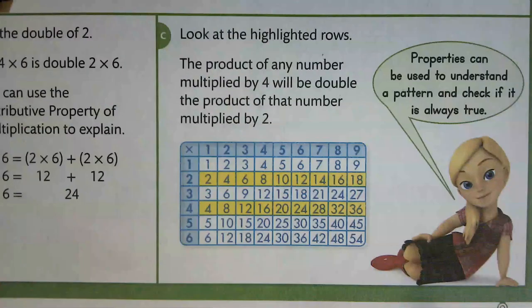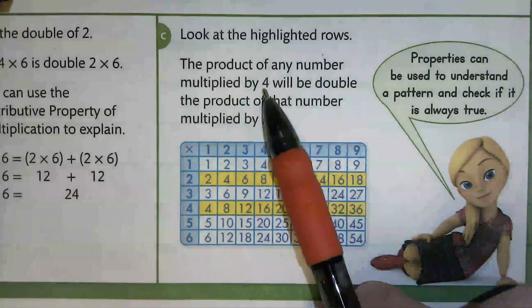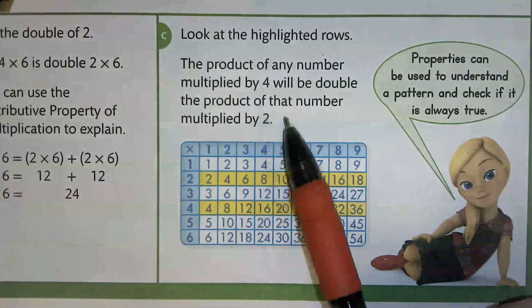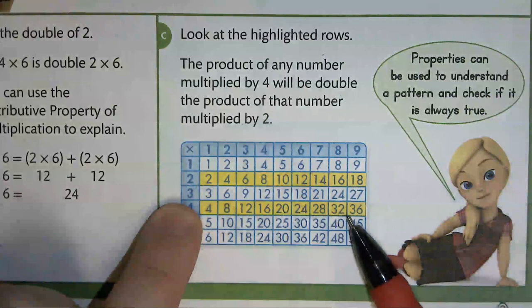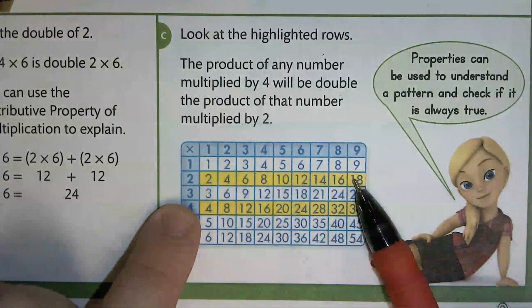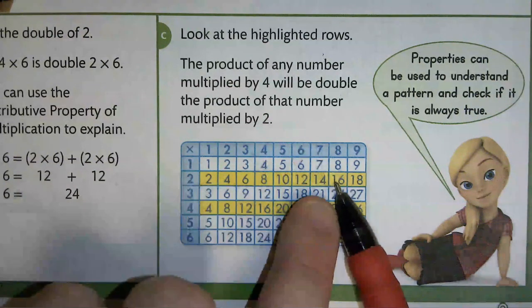So let's take a look at our highlighted rows. The product, which is the answer to a multiplication problem. The product of any number multiplied by 4 will be double the product of that same number multiplied by 2. So when I look down here, these numbers, all right, will always be double the numbers in my 2 row. All right. So if I did 2 times 7 is 14.